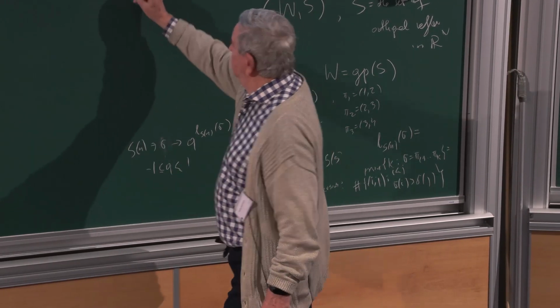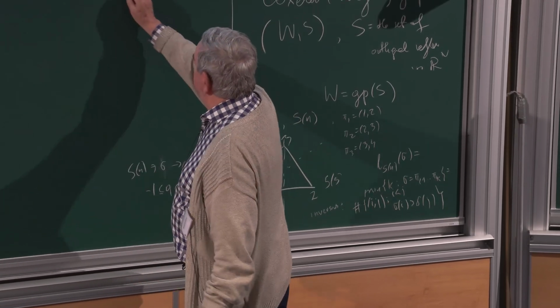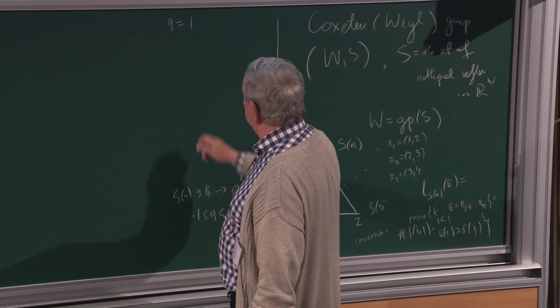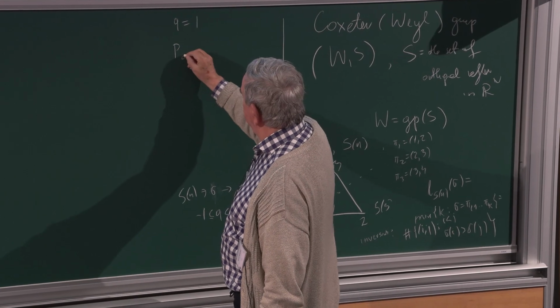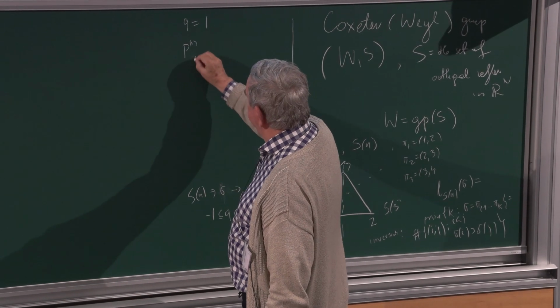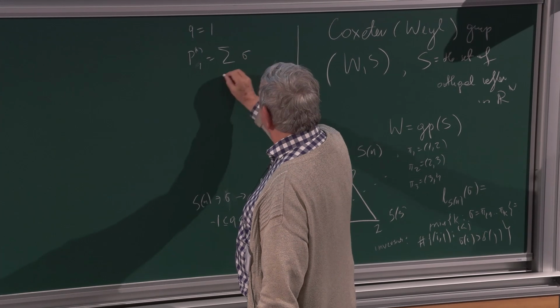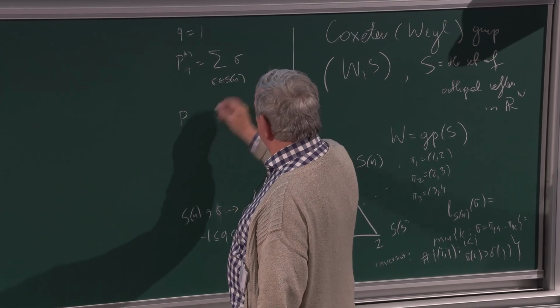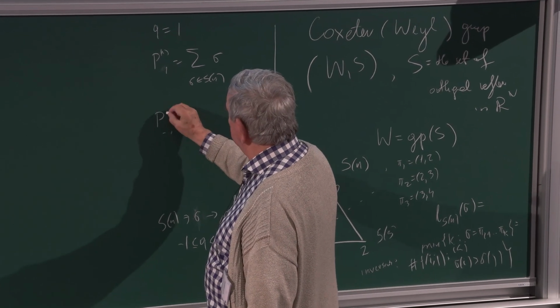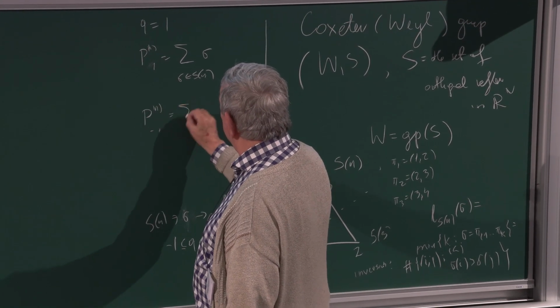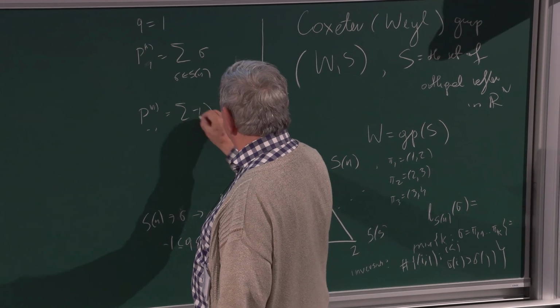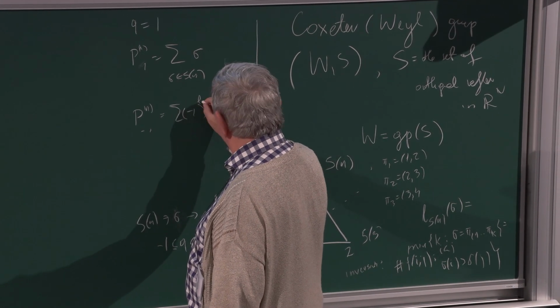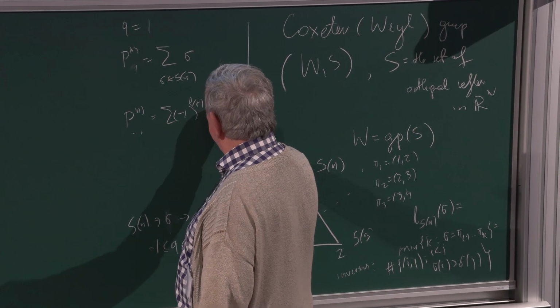Of course, when q is equal to 1, this is the symmetrizator, summation over all permutations. And for -1, this is the antisymmetrizator, -1 to the length function of sigma.